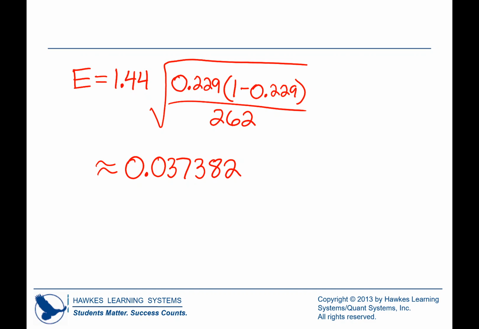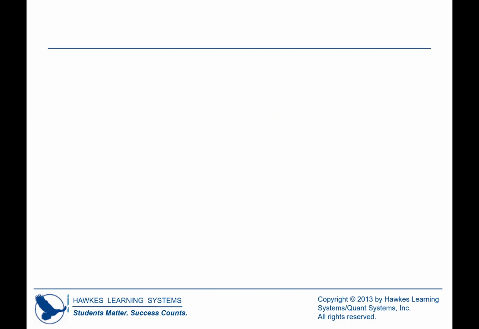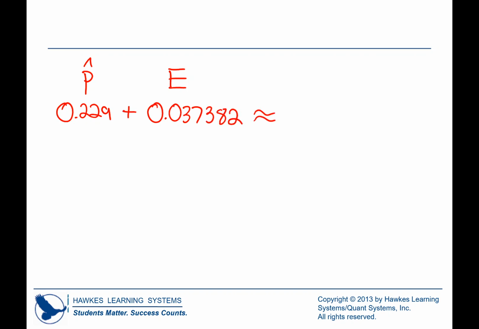And then we want the interval on this one, so we've got to add and subtract. Okay, let's see, 0.229 plus the margin of error, I get 0.266.